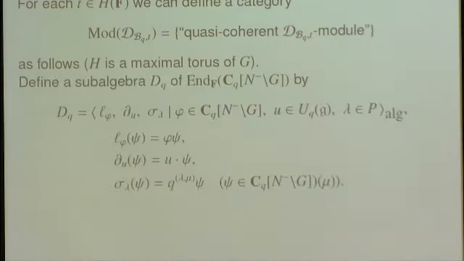We first define some algebra, D_q. D_q is a subalgebra of the endomorphism ring of this vector space. So D_q is a kind of ring of differential operators acting on this ring algebra. As an algebra, it is generated by three types of elements.